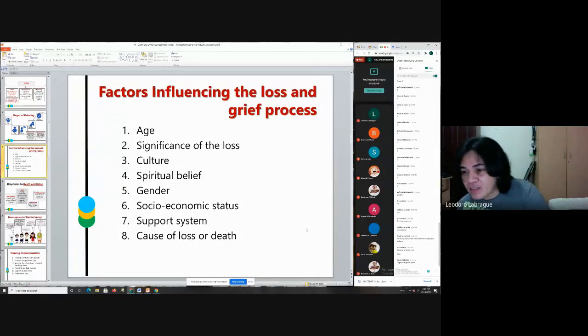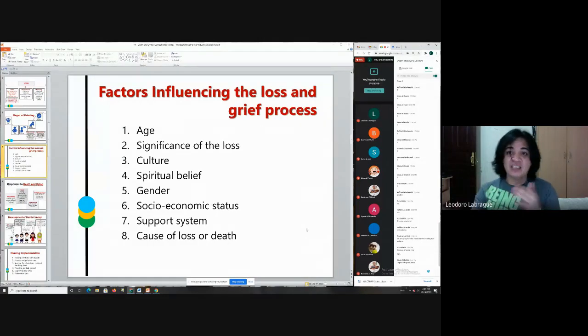But Sulaiman says, yes, they may be strong or tough outside, but inside they are also emotional. But because of what society dictates, you can see the difference in how male and female manifest the grieving process and loss. Yes, because of social view, we call it a societal view. Is it normal for a male individual not to cry?